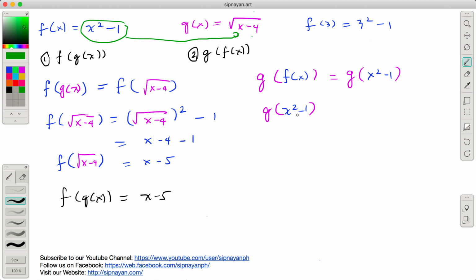Whatever the expression here should be substituted to x, sa lahat ng x dun sa expression. So, this becomes equal to square root, and then yung x natin, magiging x squared minus 1, and then meron pa tayong minus 4.